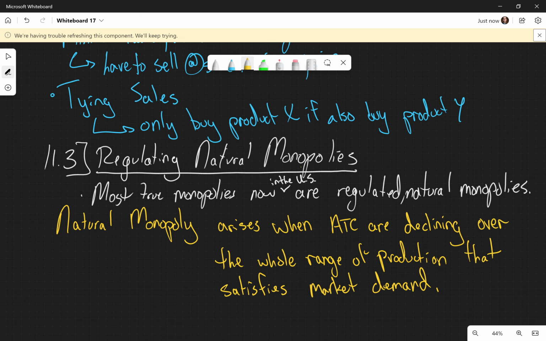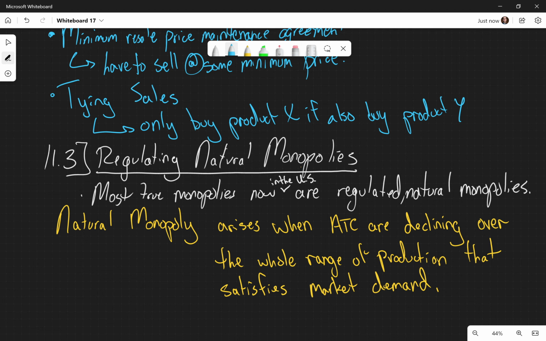So we talked about this before. This situation typically happens as a result of fixed cost being very large relative to variable costs.